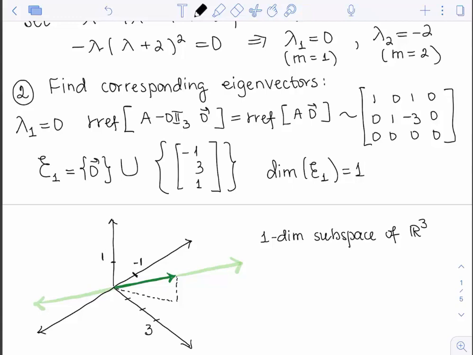We have a one-dimensional subspace of R3, and here I'm giving you a visual representation of what that looks like. We have our vector -1, 3, 1 that generates all of the eigenvectors associated with this eigenvalue. What is this eigenspace? It's just a line, a one-dimensional subspace of R3. So that is your first step.